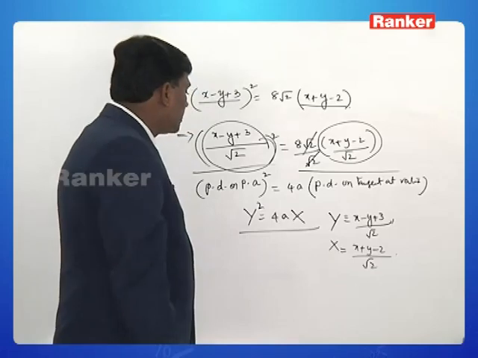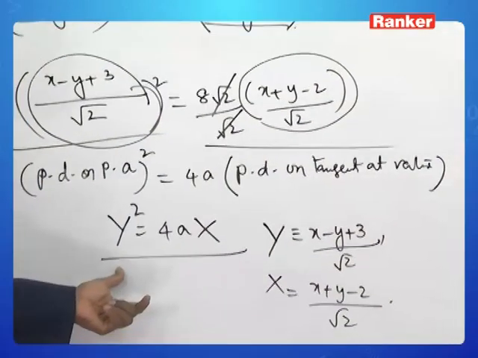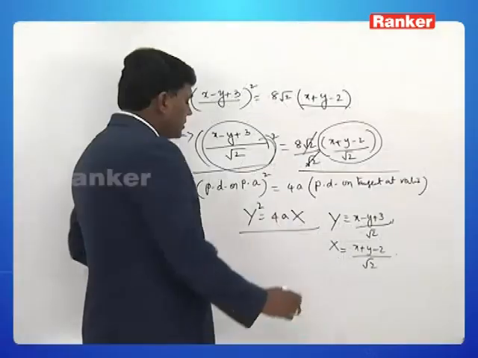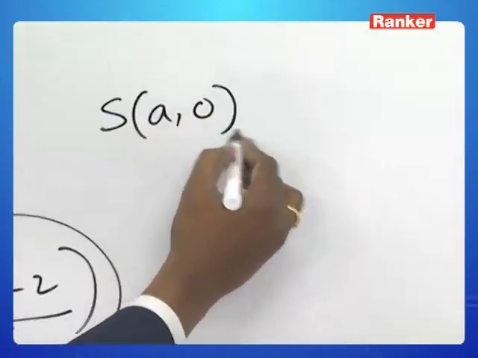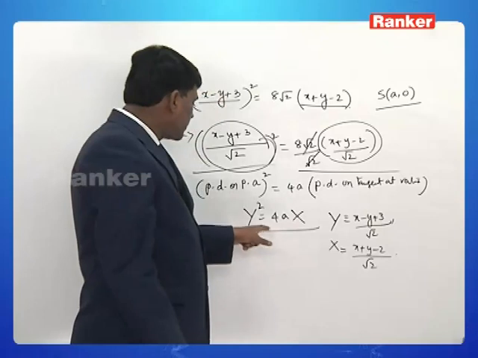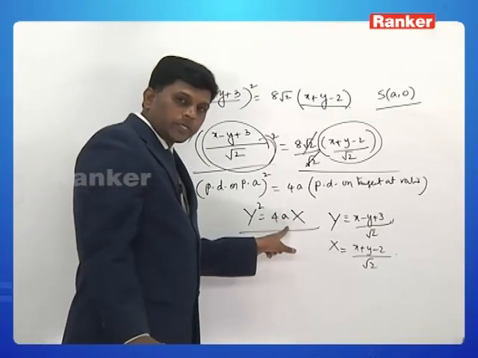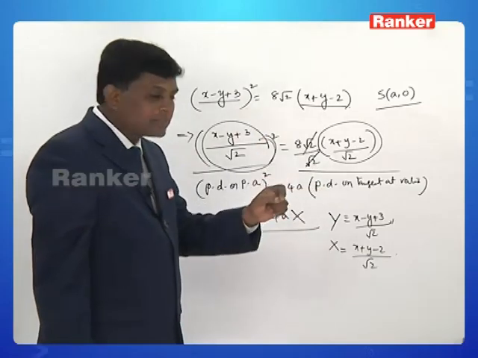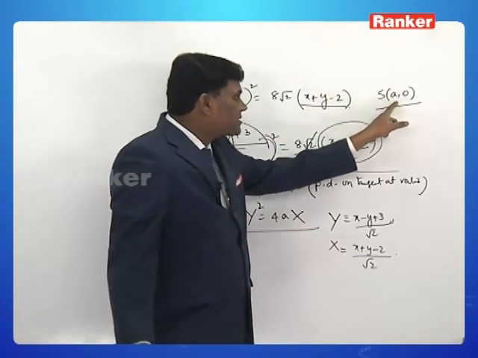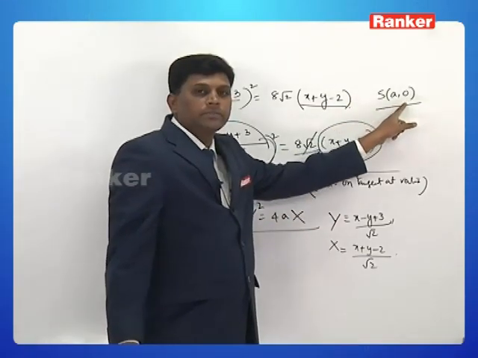For example, if we want the focus of this, the focus S is (a, 0) we know, because we are assuming y square equals 4ax. In the first form the focus is (a, 0), but the difference is these are capital X and capital Y coordinates.